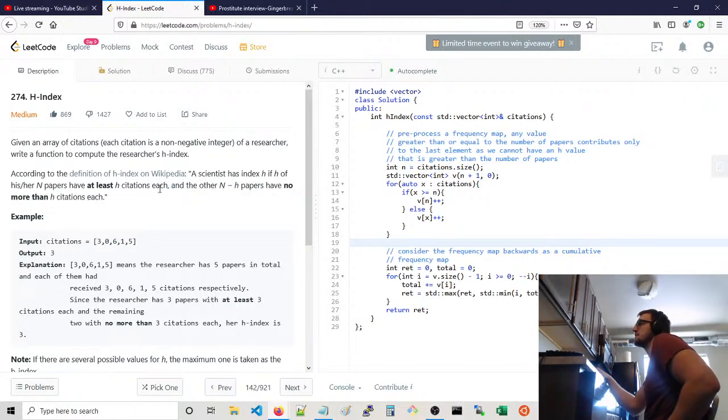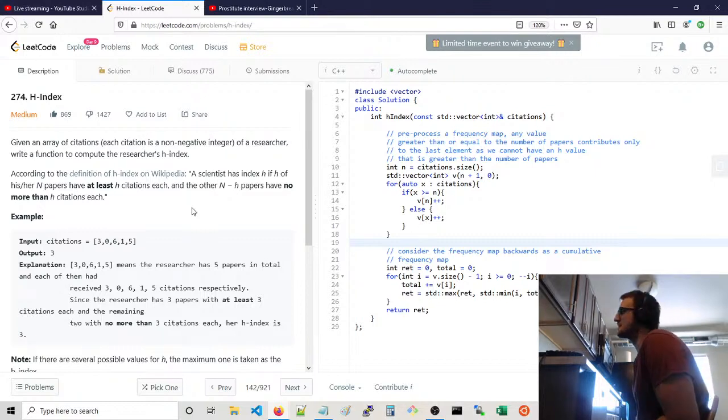I think you really should just remove this portion entirely. Just that if H of the papers have at least H citations each, and that's H, and then it's the largest of possible H values. Yeah, right. Oh man, I can't get over it. It's such a clever thing. I missed it.